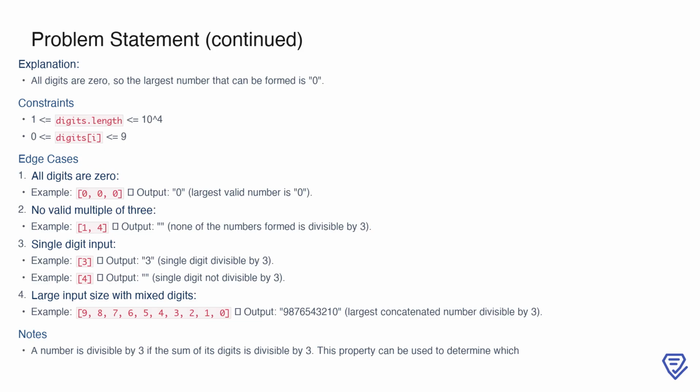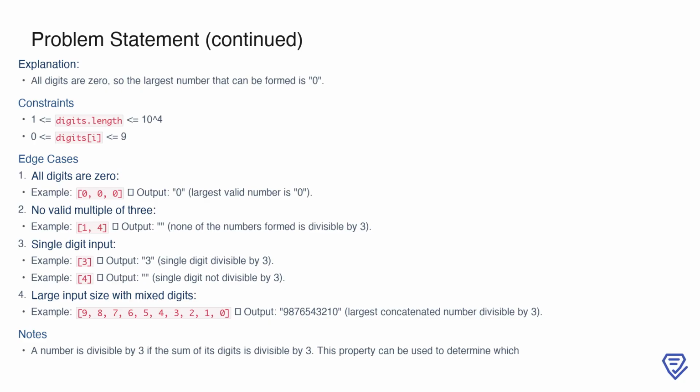The array can have up to 10,000 digits, and each digit is between 0 and 9. Some edge cases include when all the digits are 0, like 0, 0, 0, where the output is 0. Another common case is when no valid multiple of 3 can be formed, such as with the input 1, 4, which results in an empty string. If the input is a single digit divisible by 3, like 3, the output is 3.